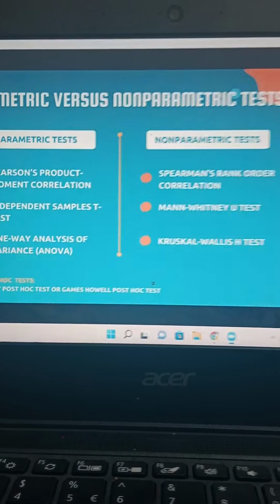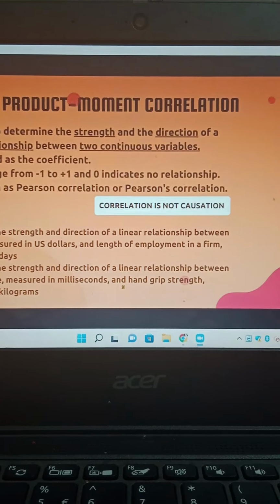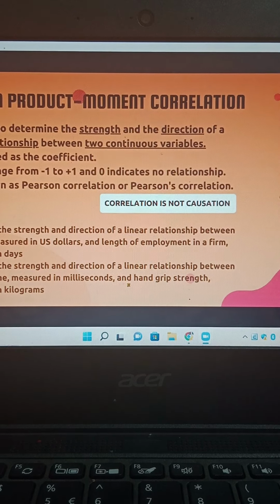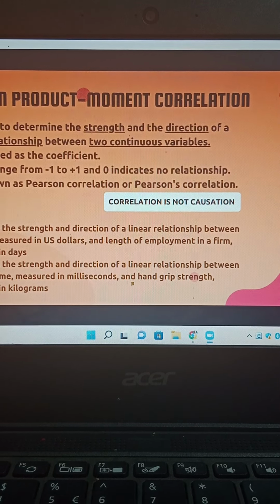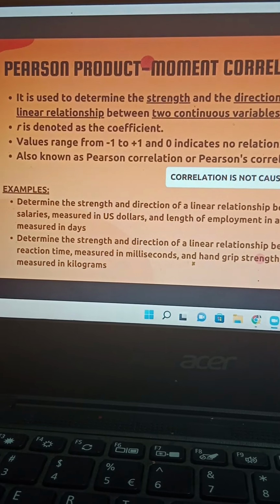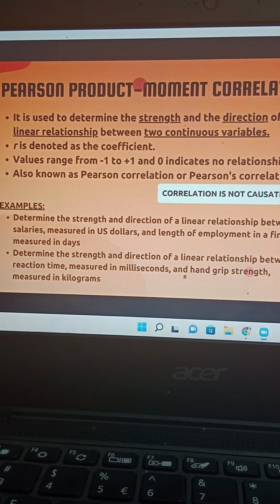But first, let us look into the Pearson product moment correlation test. So, what is it? We sometimes call this the Pearson R correlation, or Pearson's correlation test.